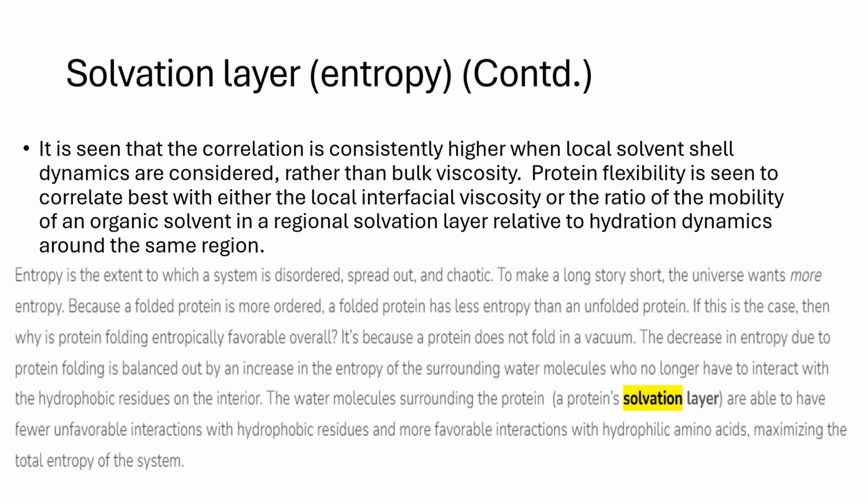The correlation is consistently higher when local solvent shell dynamics are considered rather than bulk viscosity. Protein flexibility correlates best with either the local interfacial viscosity or the ratio of mobility of an organic solvent in a regional solvation layer relative to hydration dynamics around the same region. So just remember that protein folding is very much dependent on its solvent, right? So remember that.